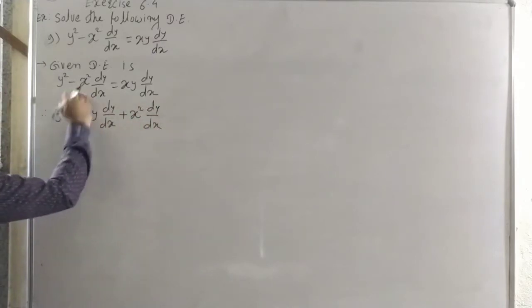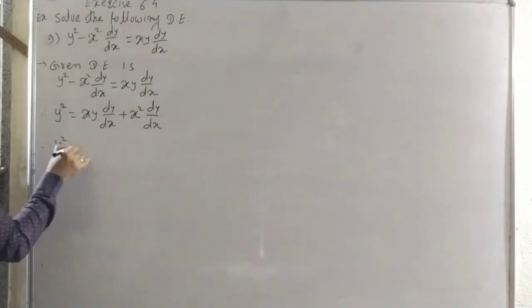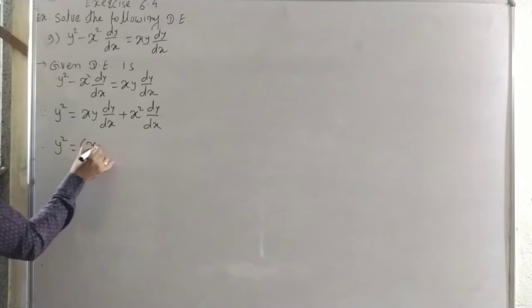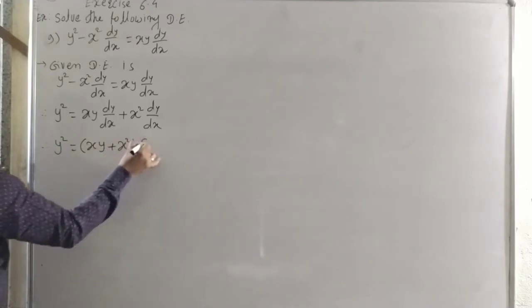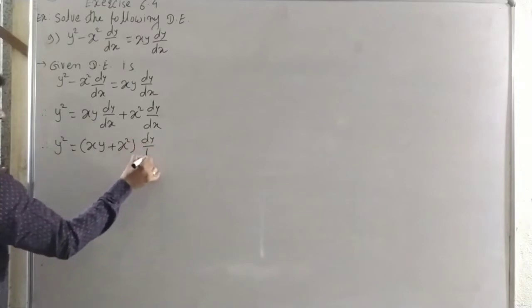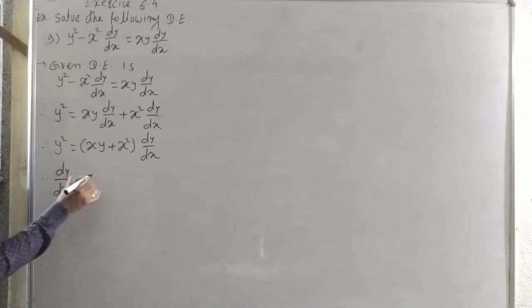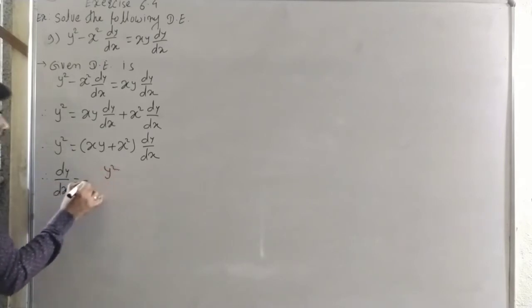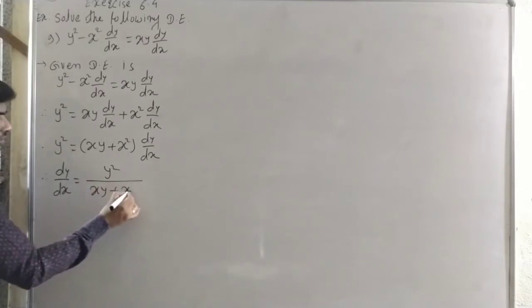This minus x square dy by dx we can write here. Now y square is equal to, take dy by dx common, xy plus x square dy by dx, and therefore dy by dx is y square upon xy plus x square.